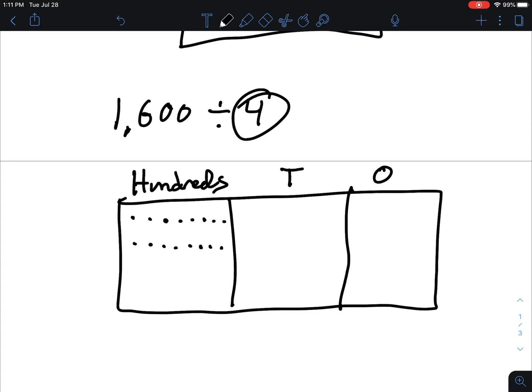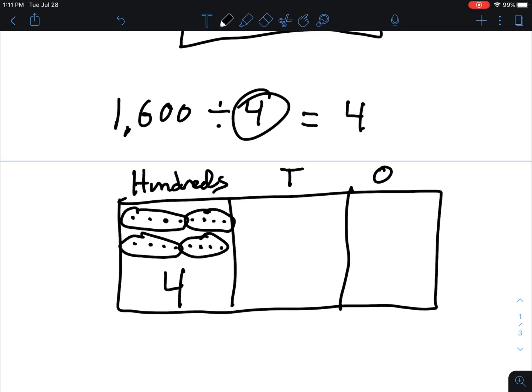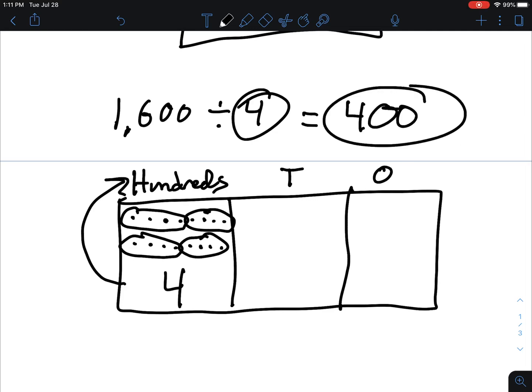Now I want to divide them into 4 groups. Or in groups of 4, either one works. So I can do, there is one group of 4, 2, 3, 4. So how many groups do I have? I have 4 groups of 4. But remember, 4 is not my answer. It's 4 in the hundreds place. So the answer was 400.